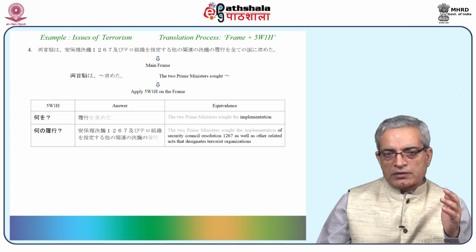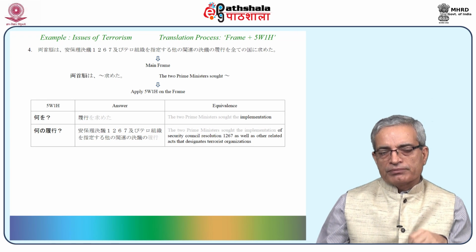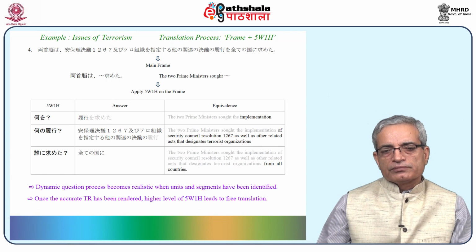So one is specific, 1267, the other is other ketsugi. Okay. Dare ni motometa desu ka? Subete no kuni ni. Okay.